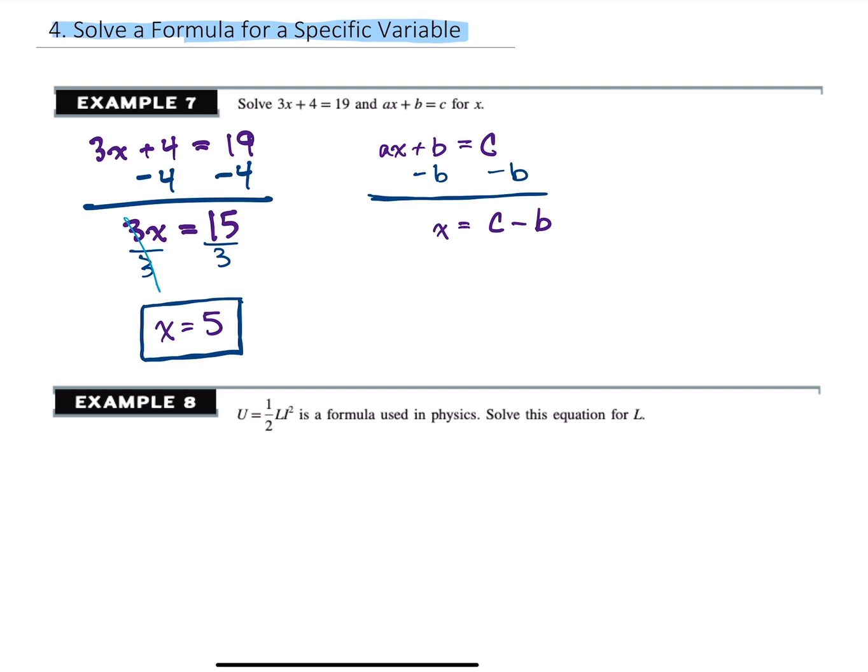We have a times x here. So to move this a to the other side, we will just need to divide. I'll divide by a. So it'll cancel on the left. And I'm going to divide this whole side by a. So x equals c minus b over a.